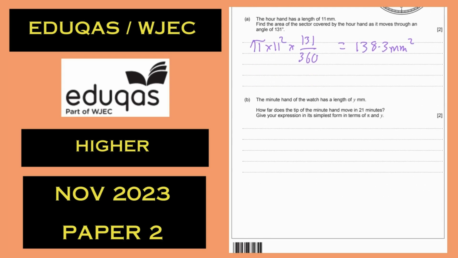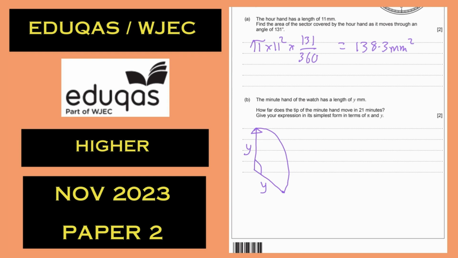The minute hand has length y, so let's get that in. How far does it go in 21 minutes? Well, 21 minutes, there's 20 past, so we'll call that ish. What we're going to do though is not refer to that as degrees.